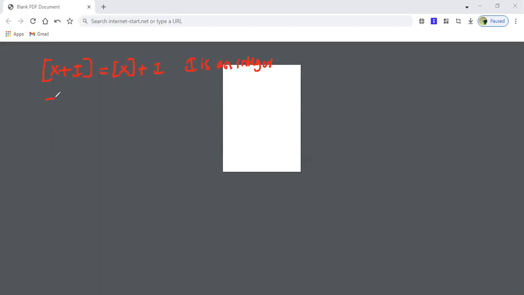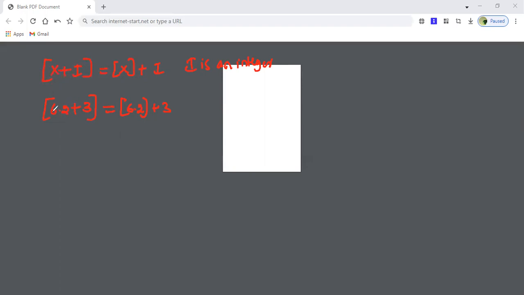If I take x as, say, 6.2, and I is my integer, say 3, then this will be equal to the greatest integer of 6.2 plus 3. This is what they are saying. So this is how we have to write. That is the meaning. This means 6.2 plus 3.